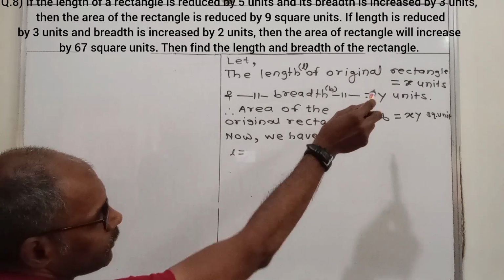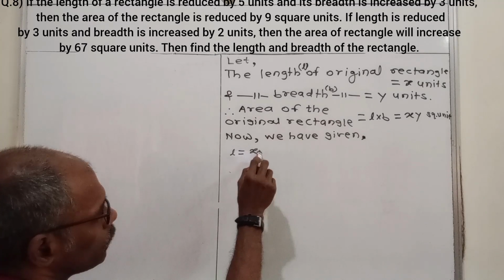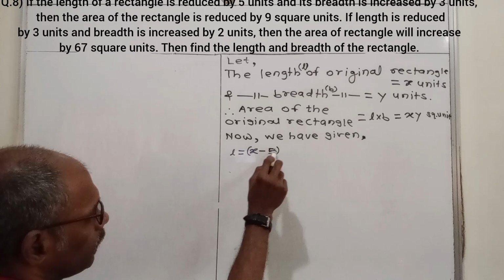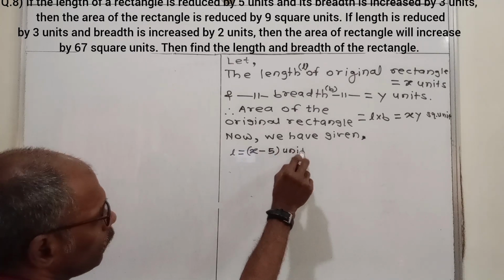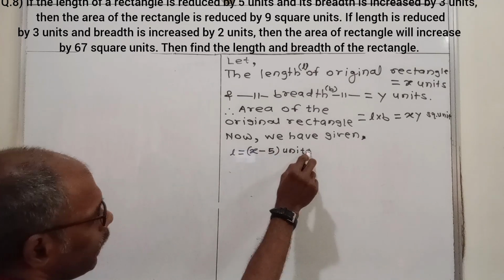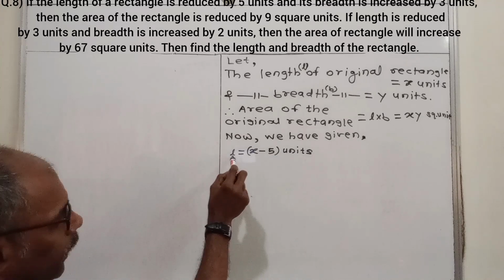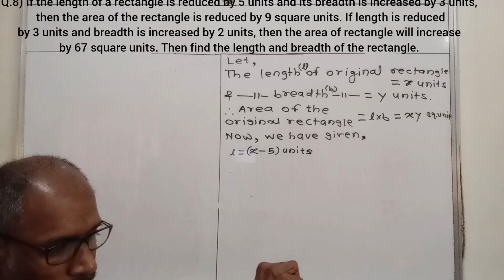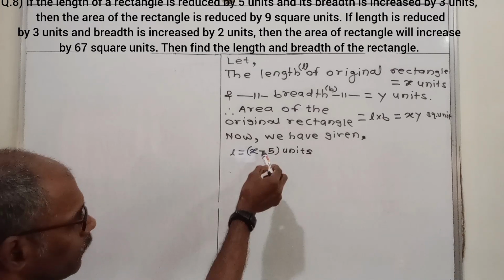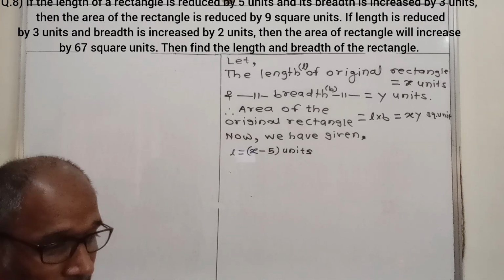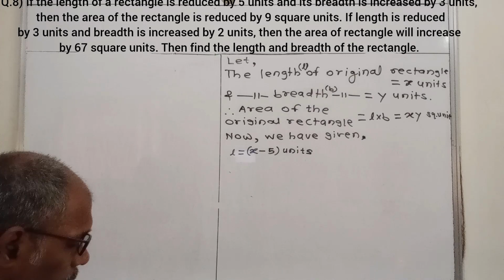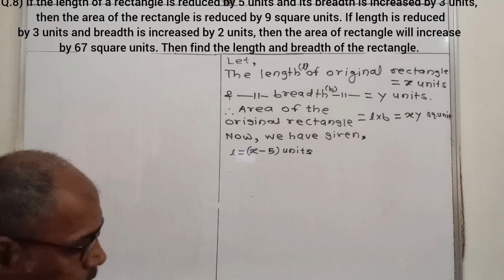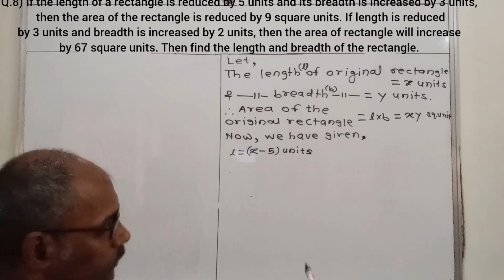L, that is reduced by, reduced means minus, reduced by 5 units means L is equal to x minus 5. This is the new rectangle after reduction of length by 5 units, and its breadth is increased by 3 units.